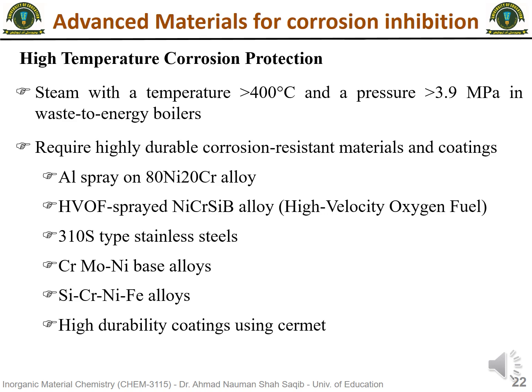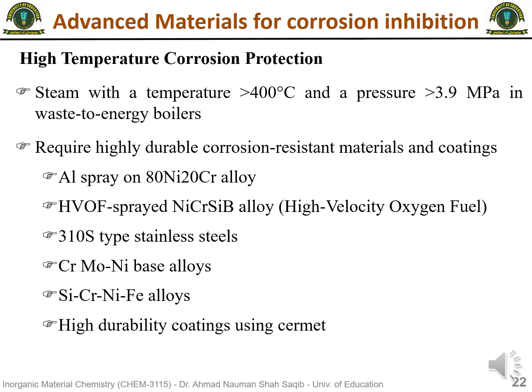For example, there is another kind of steel called 310S type stainless steel, that is used for boilers and high temperature environments. And there are some other alloys, for example chromium, molybdenum, nickel alloy. And there are also some high durability coatings which are used on the metal surface to avoid corrosion in high temperature environments. These are called cermet.